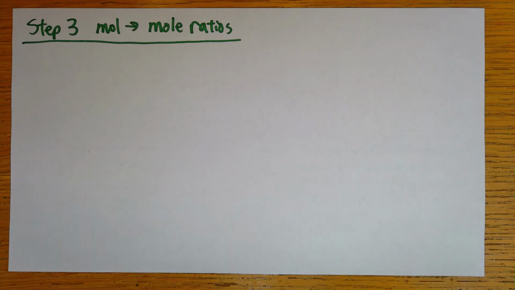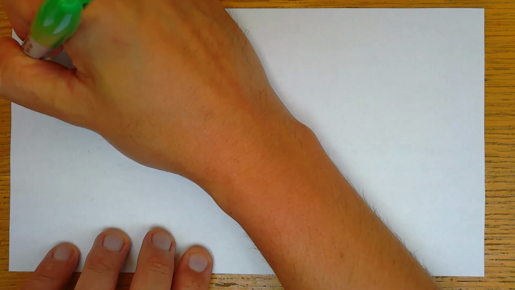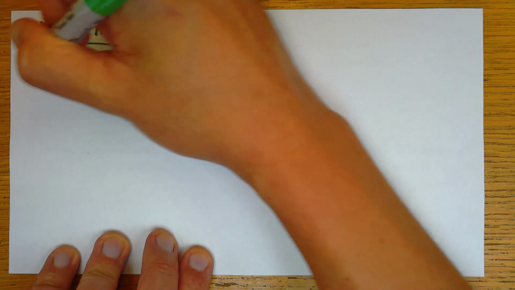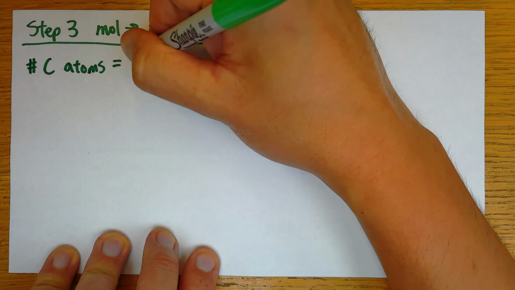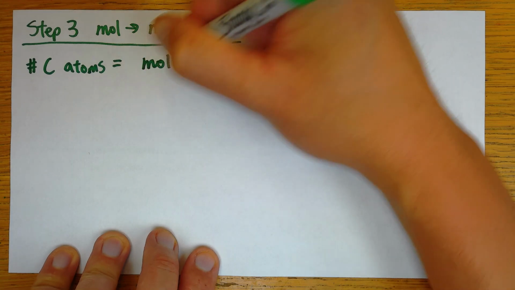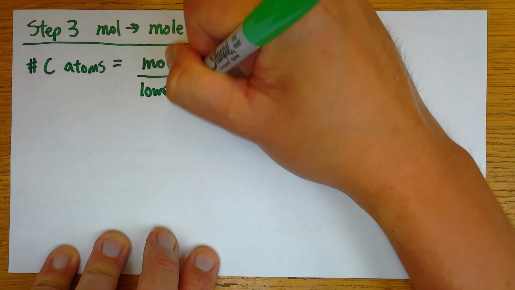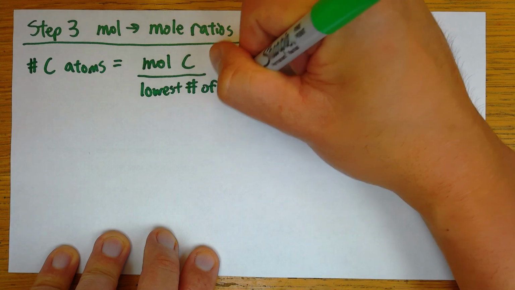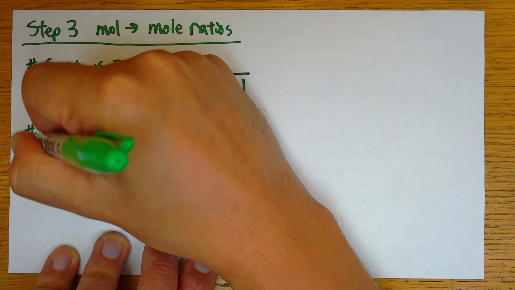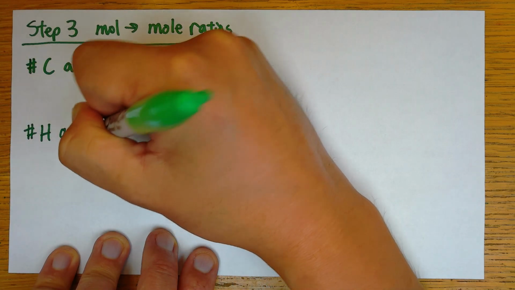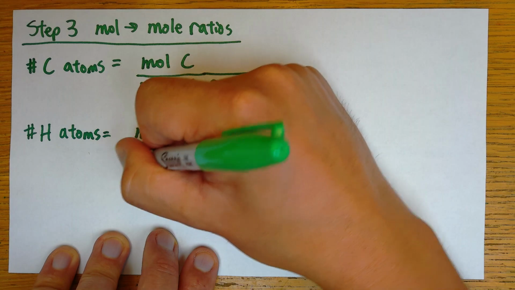All right, so here is how we do the work of mole ratios. So to get the number of carbon atoms, we're going to take the moles of carbon and then divide it by the lowest number of moles. Similar process for hydrogen. Moles of hydrogen over the lowest number of moles.